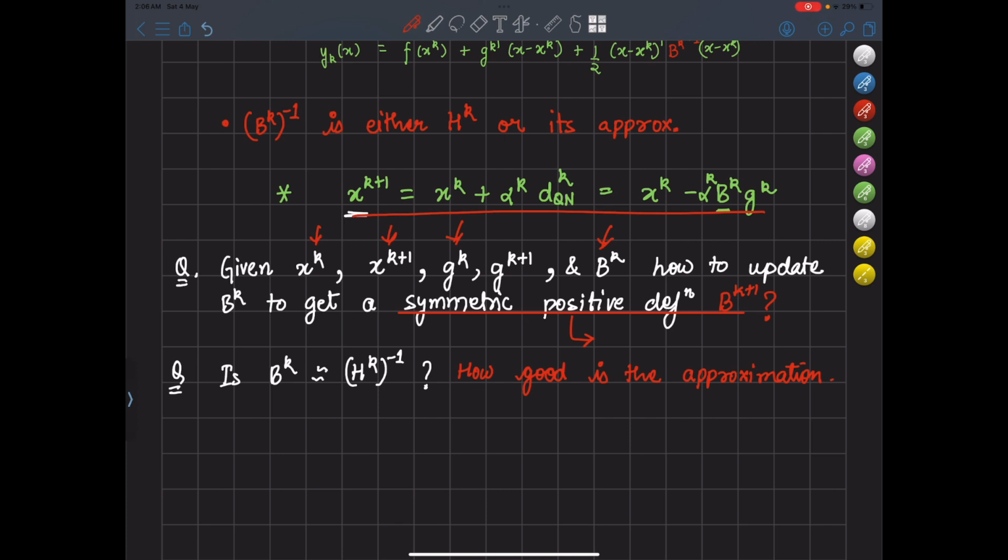And are there any conditions? Can Bk plus 1 be any symmetric positive definite matrix, or does it need to satisfy certain conditions? So are there any conditions that Bk plus 1 should satisfy?